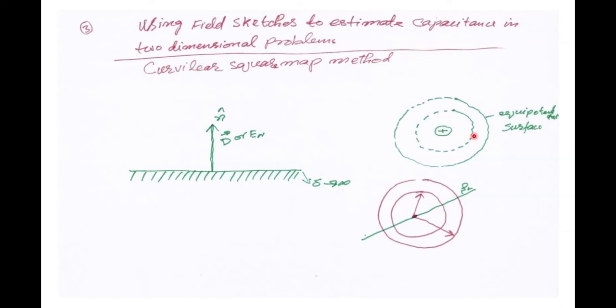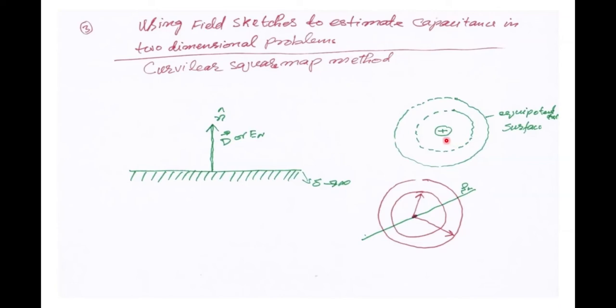That closed surface is known as the Gaussian surface, but it also behaves as an equipotential surface. You can enclose the charge in different Gaussian surfaces which represent equipotential surfaces. That is, a single charge may be enclosed in a spherical Gaussian surface, and that spherical Gaussian surface represents an equipotential surface.